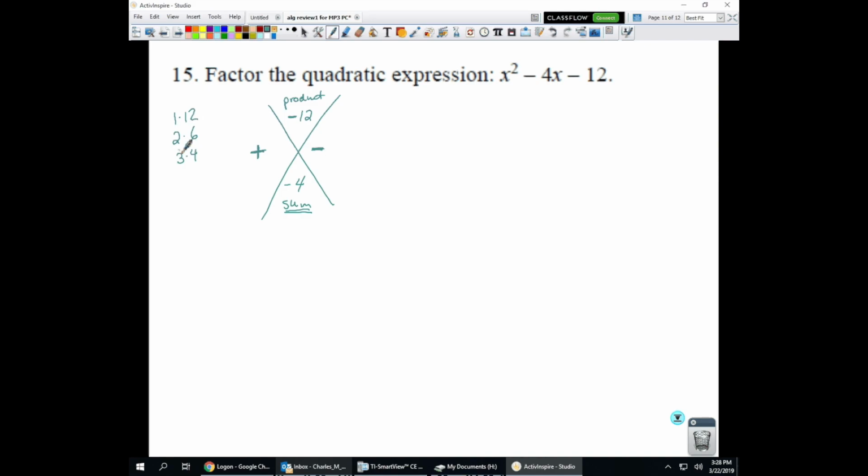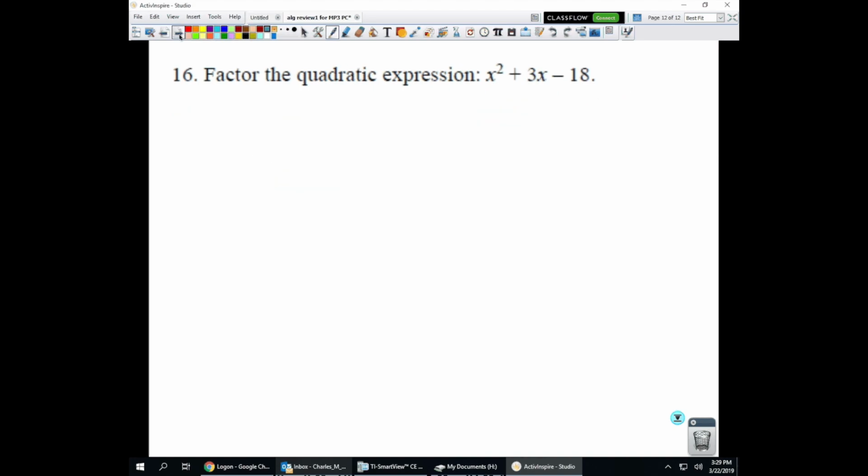So which of these factors I listed would subtract to be 4? And that means 2 and 6. Now, since I want a sum of negative 4, I want to use the 2 as positive and the larger one, the 6, as the negative. Once I've identified the correct factors, it's just a matter of writing this as if it looked like a FOIL problem, x plus 2 times x minus 6.